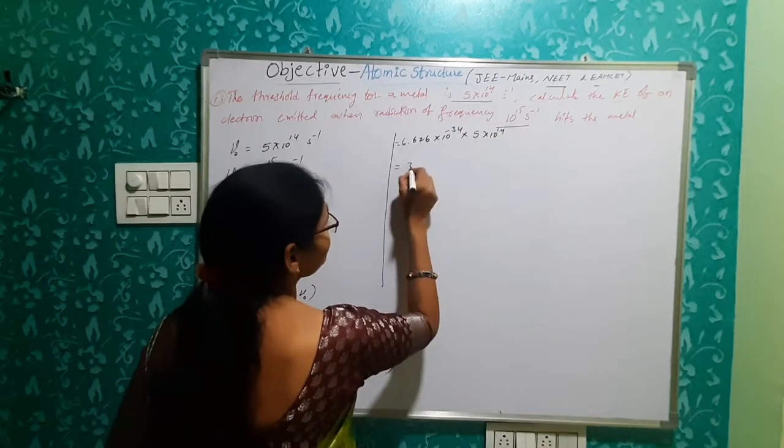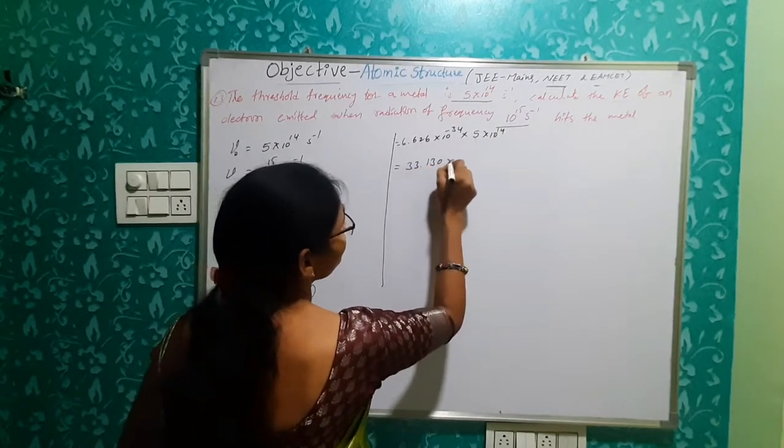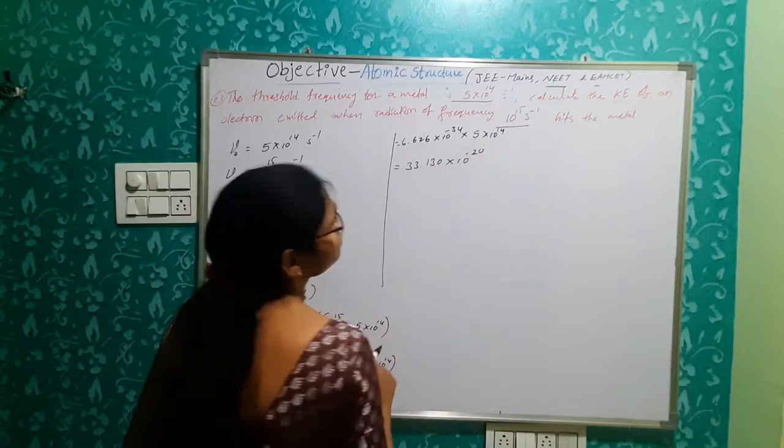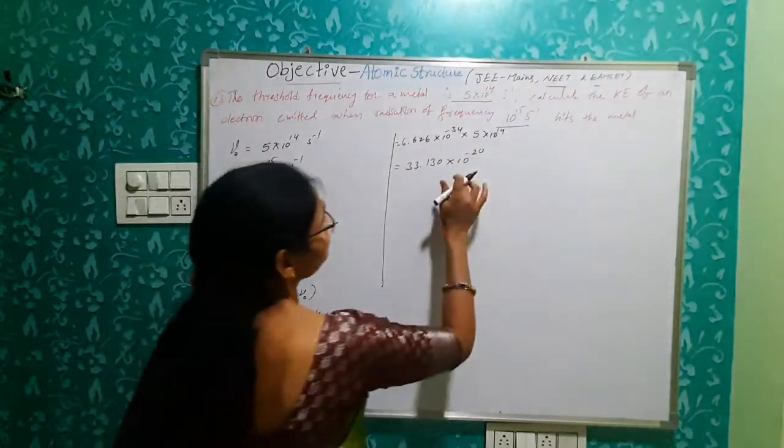By multiplying this, 33.130 into 10 power minus 20 is the kinetic energy. Okay.